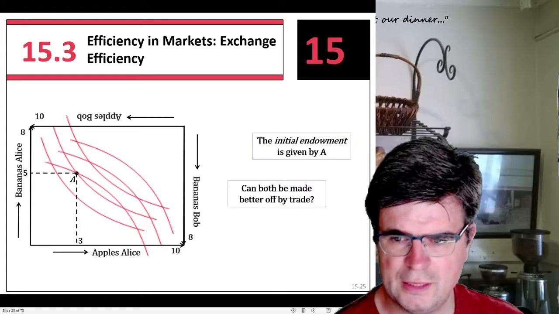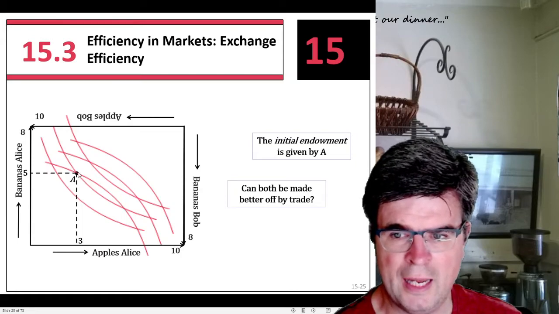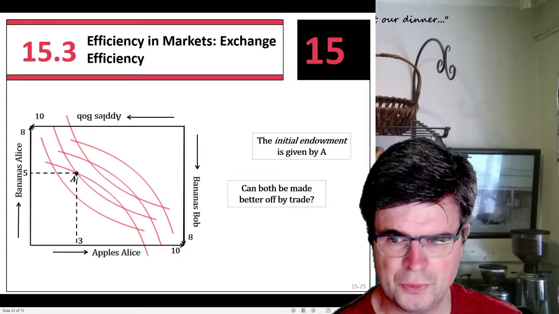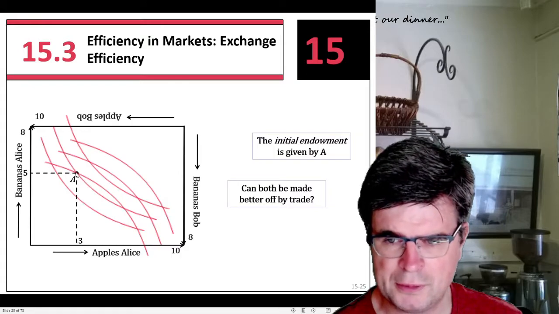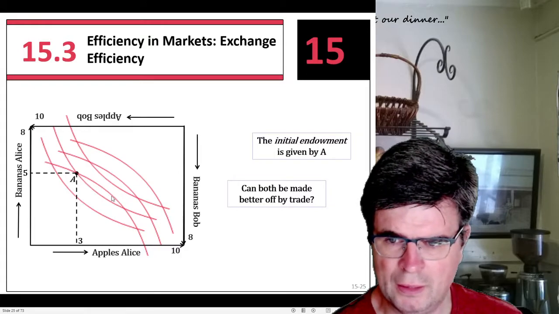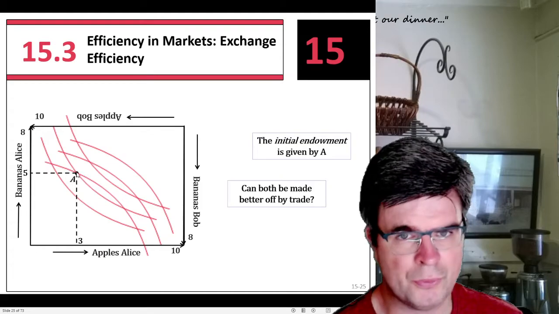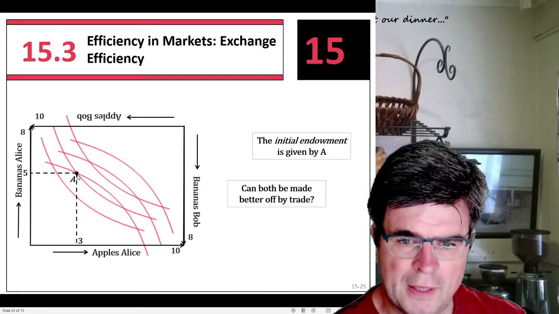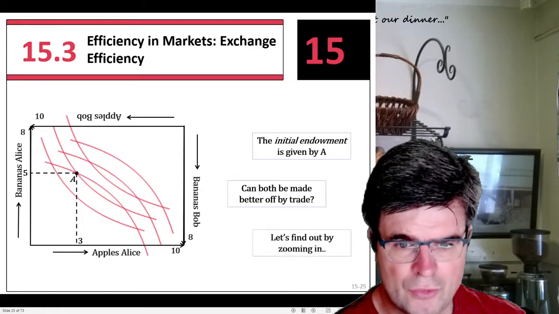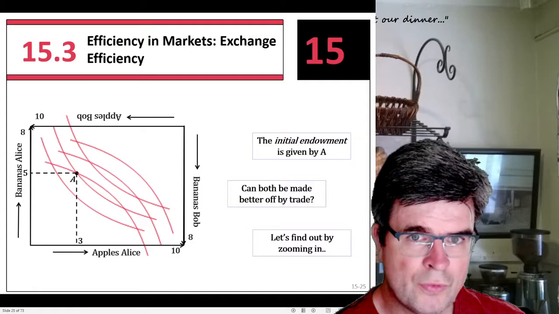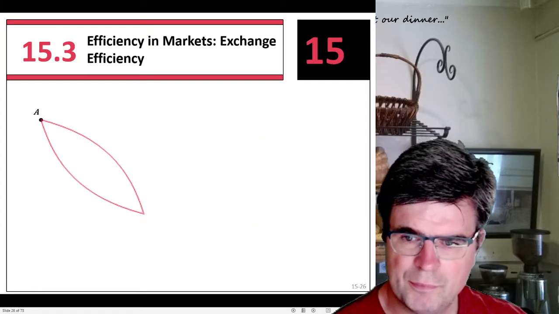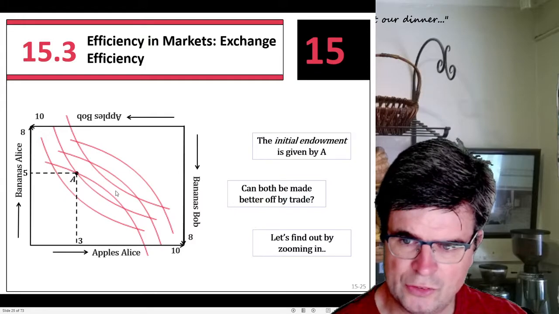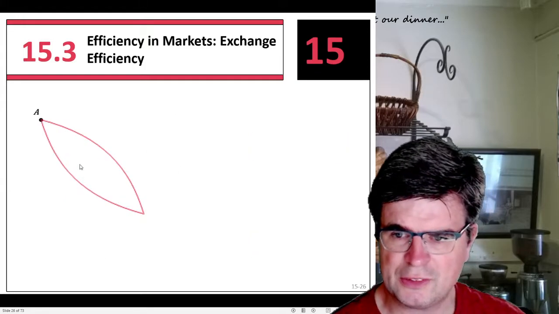Well, you can see that at the initial allocation A, Alice is on this indifference curve because it runs through the initial allocation, and Bob is on this indifference curve that also runs through the initial allocation. So can they be made better off? Well, to find the answer, let's zoom in a little bit. So now we zoom in on this area between these two indifference curves, which is this area.